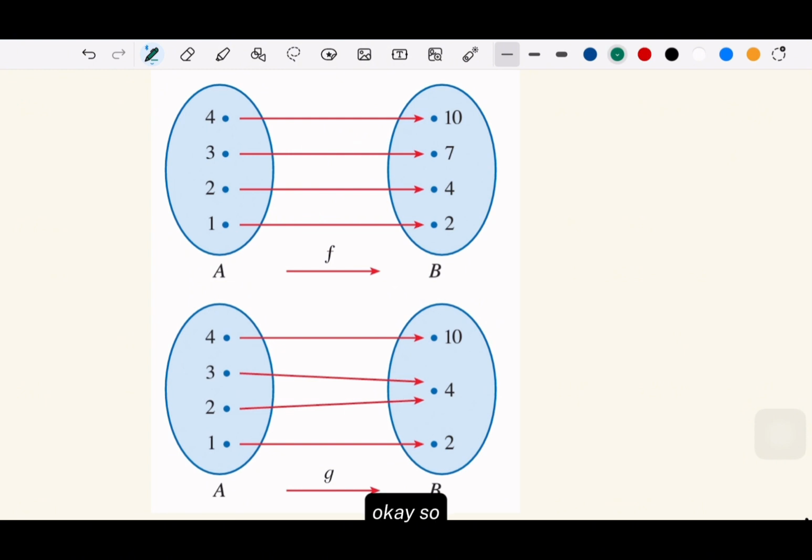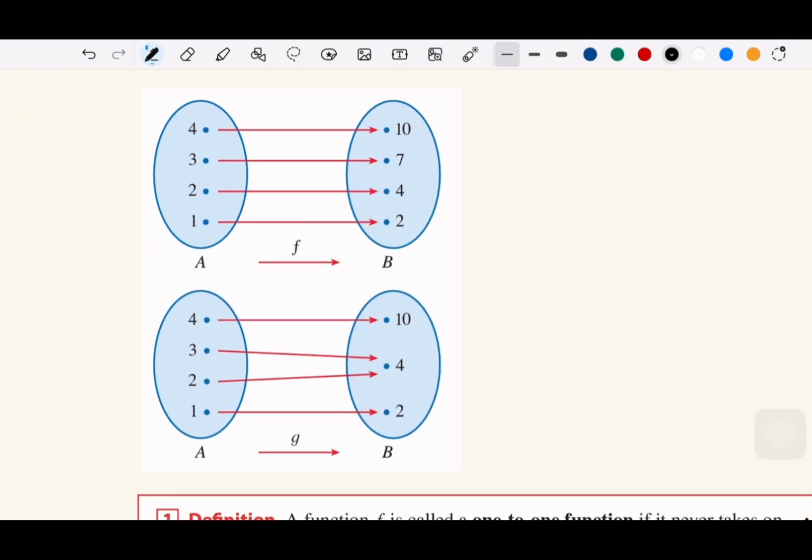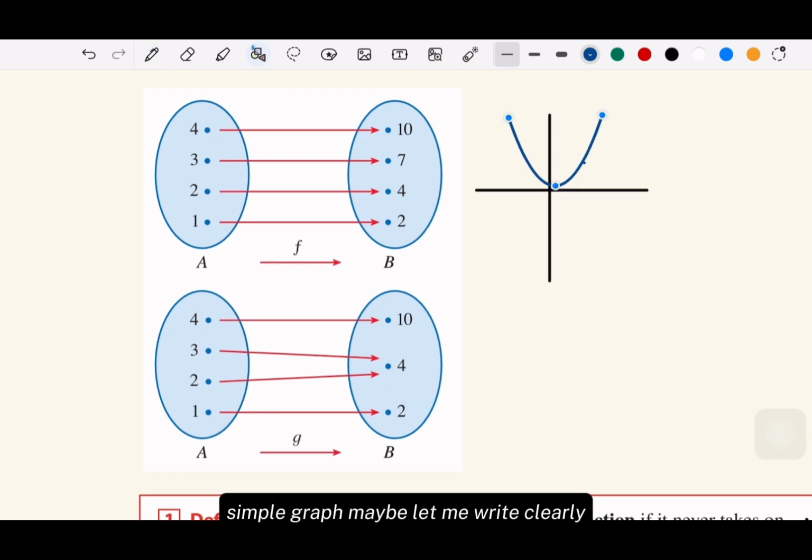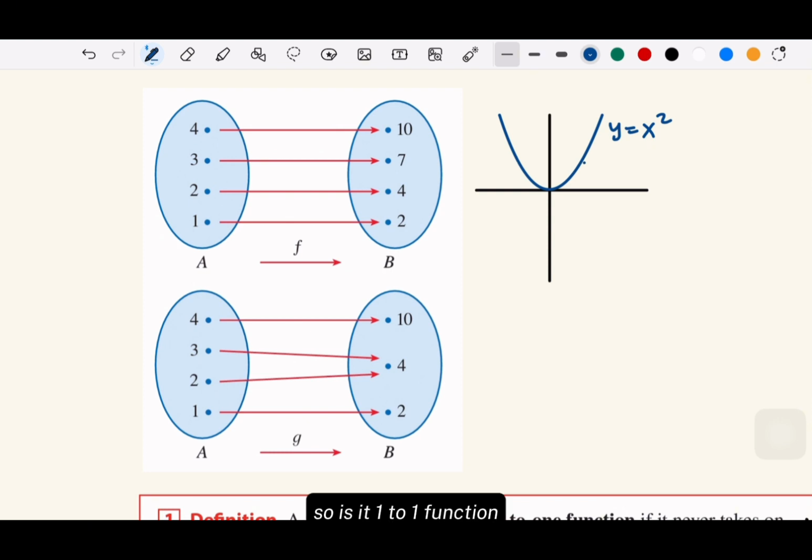Okay. So let's say we take a simple graph, maybe let me write clearly. Let's say we have just a simple x squared. So is it one-to-one function? Is it one-to-one?